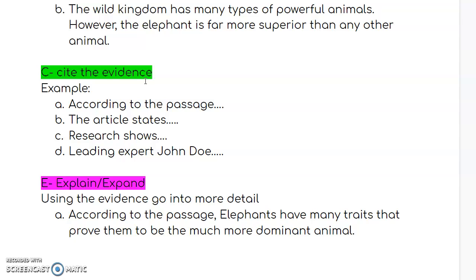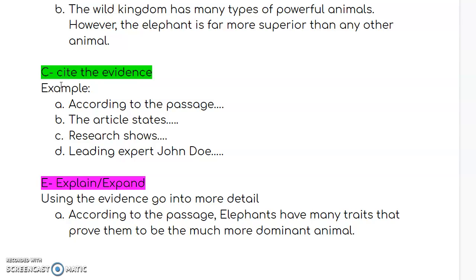The word cite right here tends to throw my students off sometimes because they think in-text citations. That's not what this is. This is pulling evidence and utilizing that evidence in your paragraph.